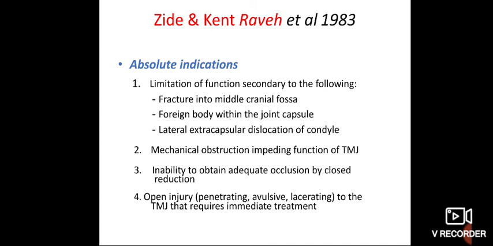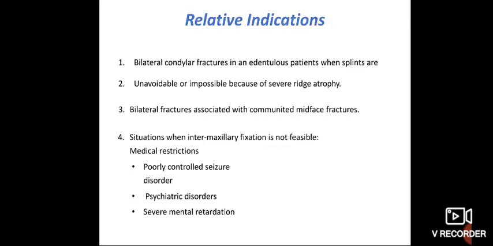If the occlusion is not achieved due to the fracture, whether unilateral or bilateral, and there is an obstruction for the function of the TMJ, you have to open that. So that is one important thing. An open injury can very rarely occur: a penetrating, avulsing or lacerating injury into the TMJ. Though it is very rare, that is one indication.